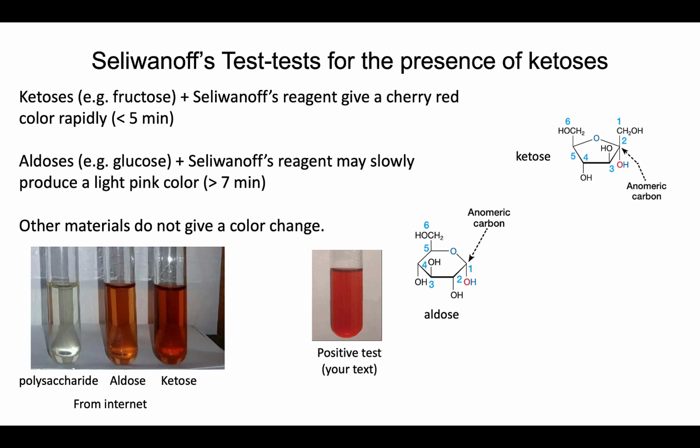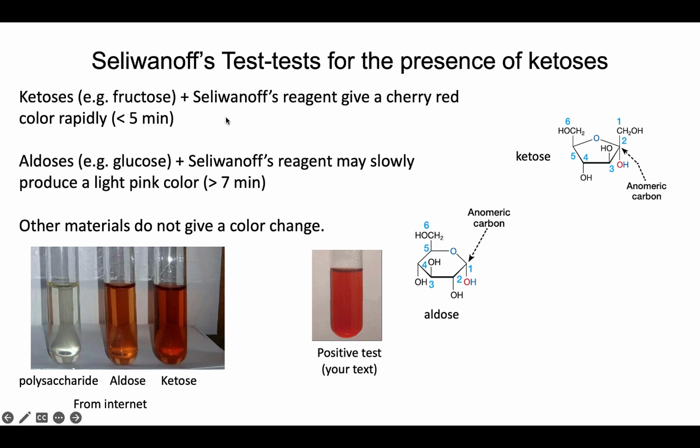Next is Seliwanoff's test. This detects the presence of ketoses in the sample. Just a reminder that for this experiment, we can identify ketoses and aldoses in the cyclic structure because ketoses will be a 5-membered ring, whereas aldoses will be a 6-membered ring.